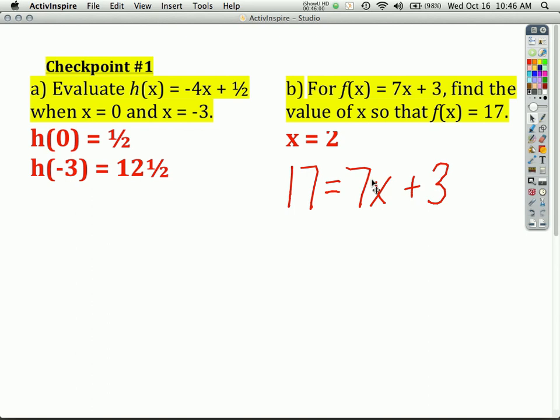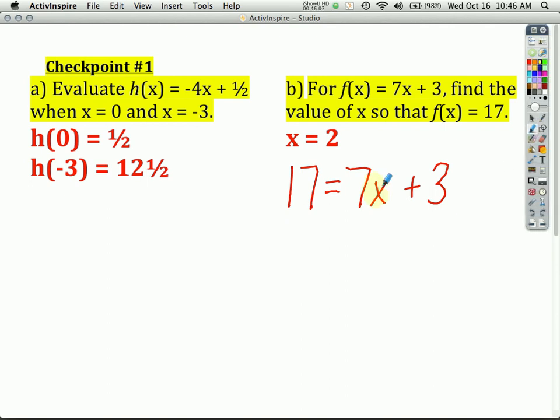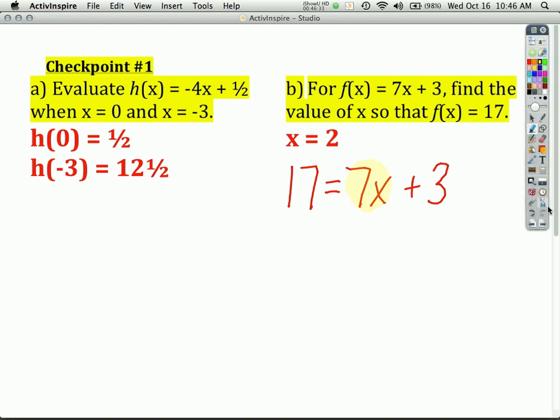If I took this whole thing away, what number plus 3 is 17? 14. So 7 times what number gives me 14? 2. Okay? Good. Other comments or questions?